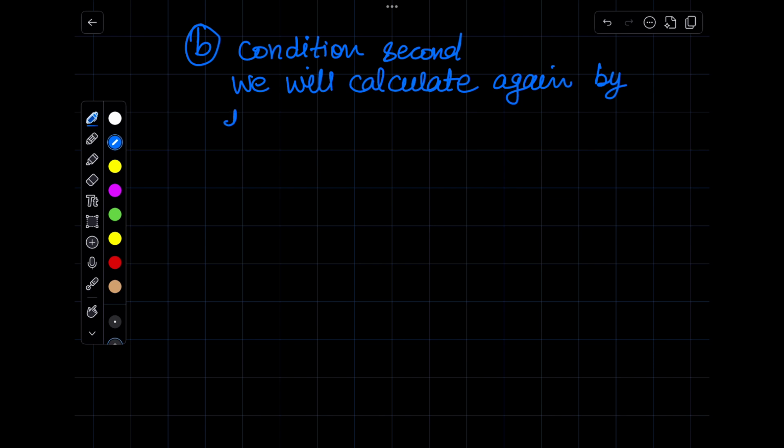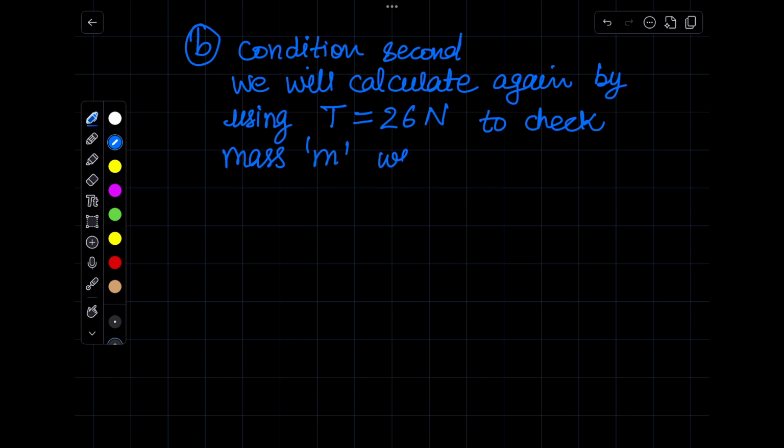Now let's solve for the second condition. Here we will use the value of tension in the cable as 26 Newton, and we will repeat this problem by using equation 1 and equation 2. You can solve it by simply putting this value of T in equation 1 and in equation 2.